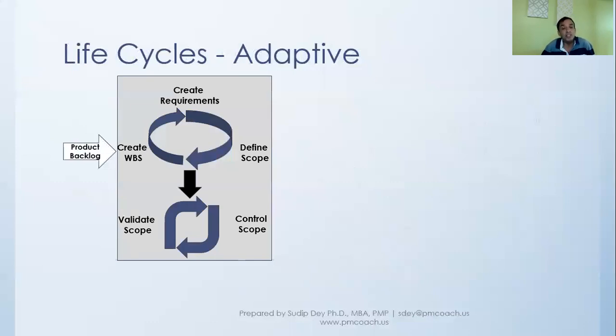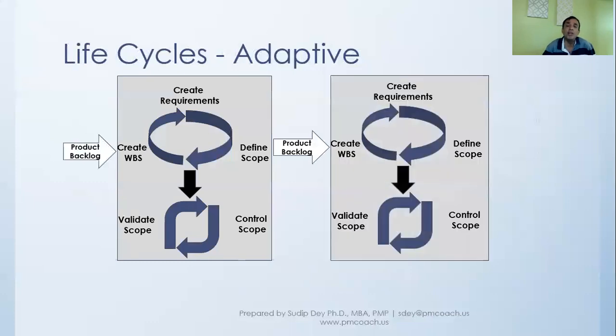They have validated the scope and accepted that deliverable, or those features, that story from the product backlog. Once that is done, we go into the product backlog again and take out the next story that we want to address. Then we go through the same process again, and so on and so forth.